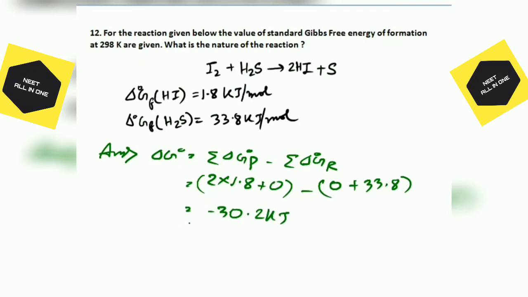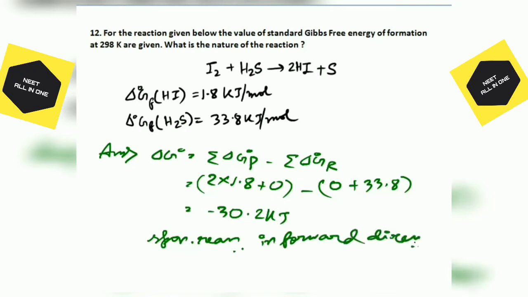So you can see the del G naught is negative here, so that is the condition for spontaneity. So it will be a spontaneous reaction in the forward direction, right? So our question number 12 is done.